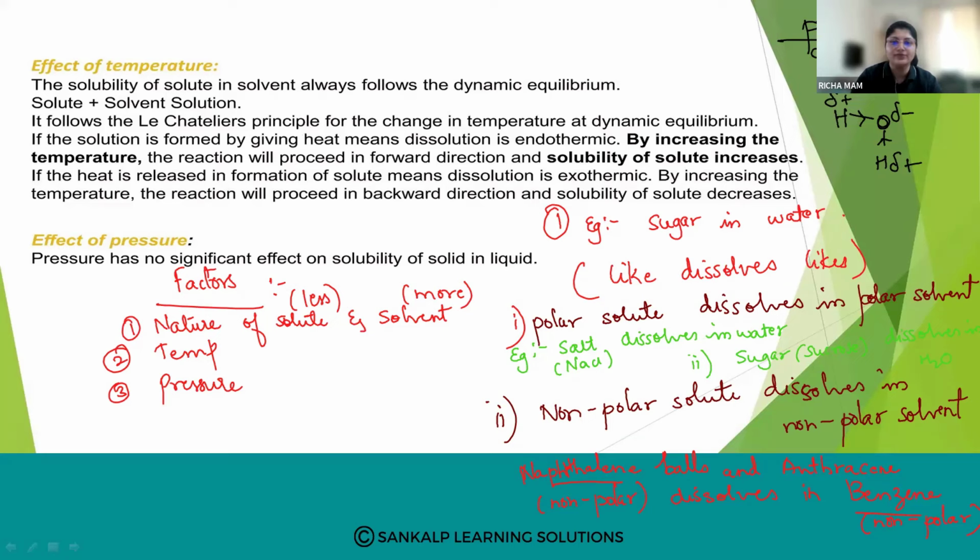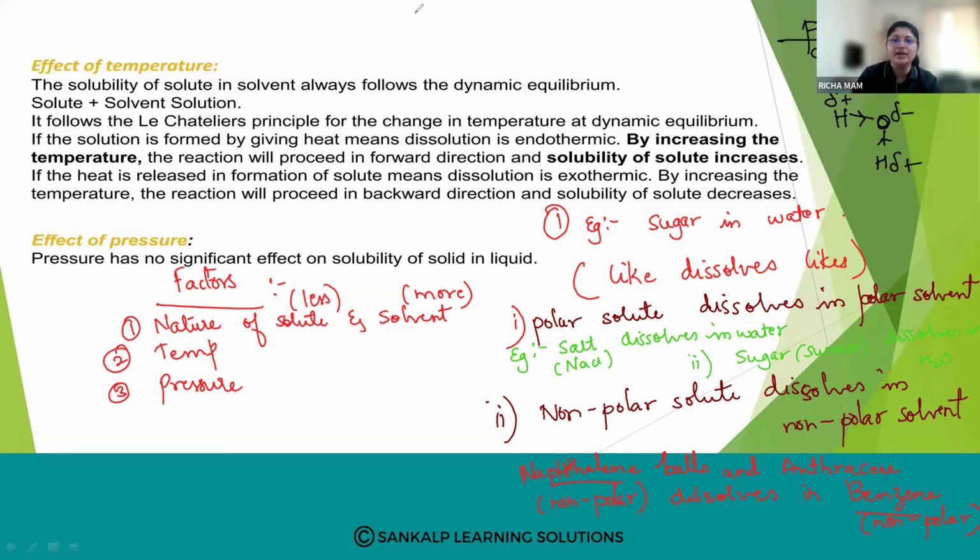So this is polarity. Polar means polarity will be developed on the molecules due to electronegativity differences on these atoms.